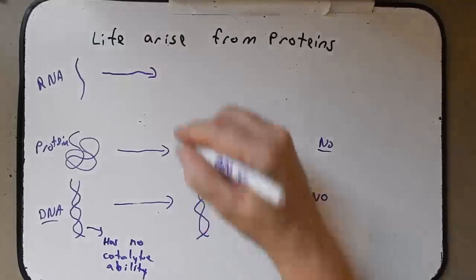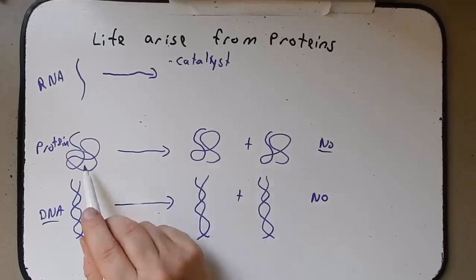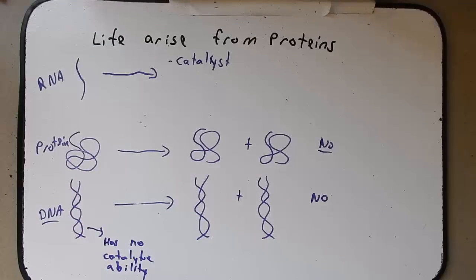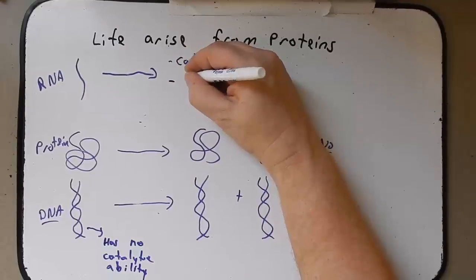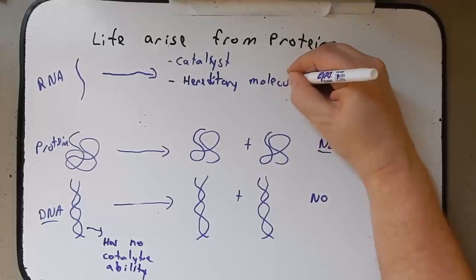RNA can act as a catalyst, like proteins. Not quite as good. Proteins would eventually take over the role of the catalytic functions of RNA, but RNA can act as a catalyst. They can also act as hereditary molecules. They can copy themselves.